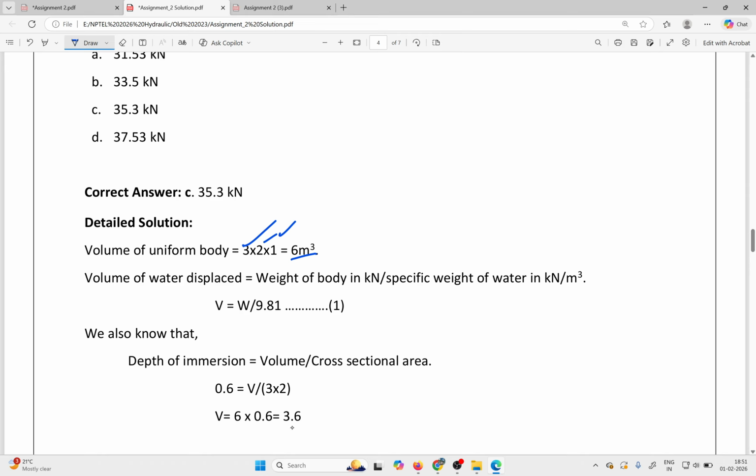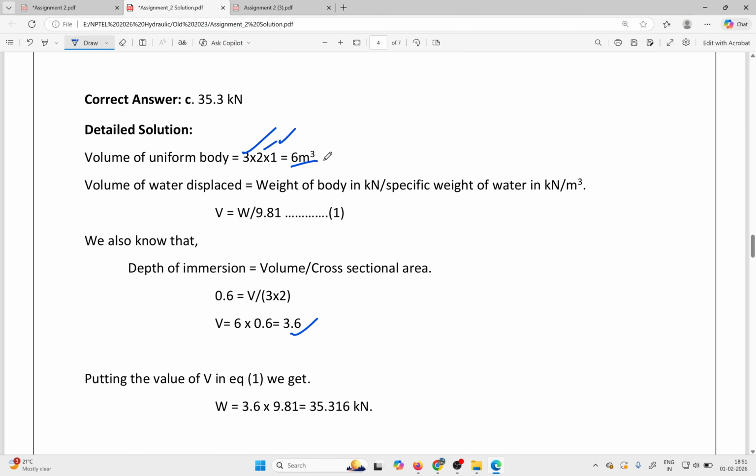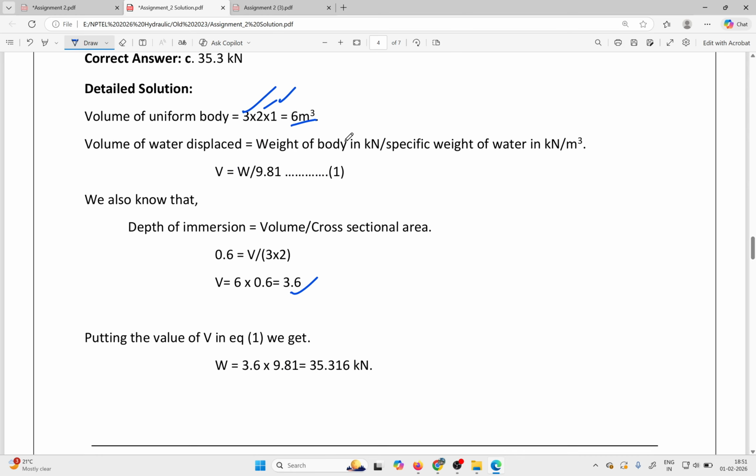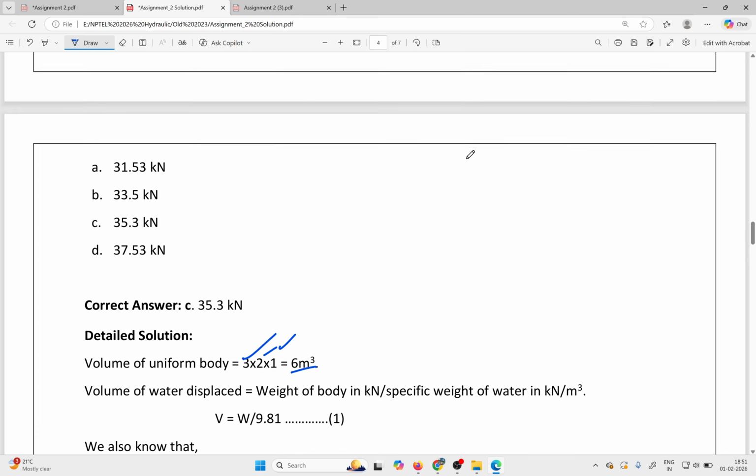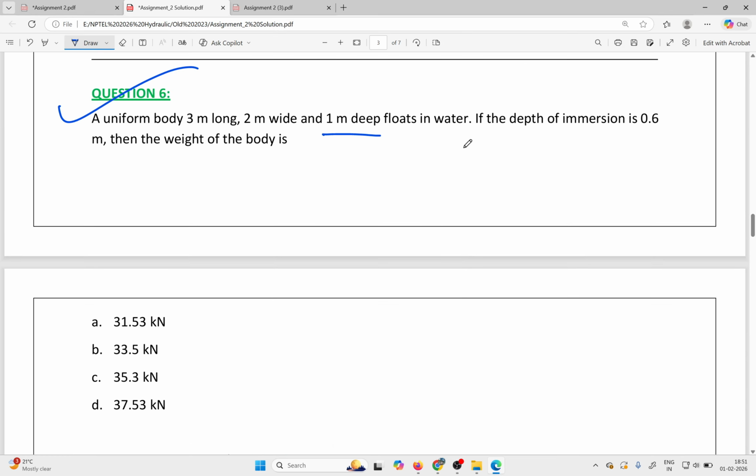After calculation, you will get 3.5. Okay, let me explain in another way once you see the answer. Putting the value of V in equation 1, you will get this final answer. So what is the question actually? Let me explain in another way.